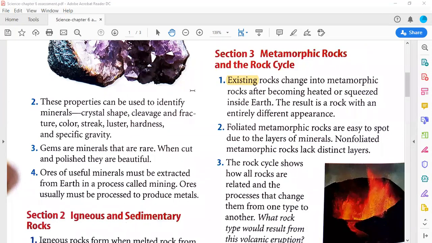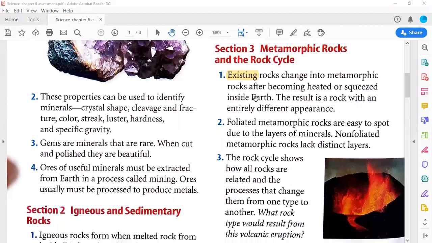From one thing into another thing, and the result is clearly different. So they have a different appearance. In this case, when the rocks are heated or squeezed inside the earth, they are obviously changing, and the result will have a different appearance, of course.